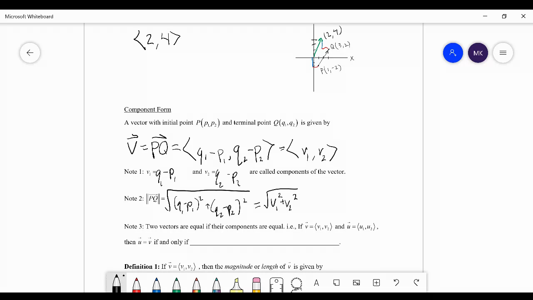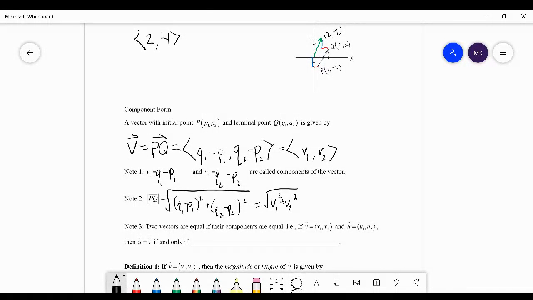And so when we're given a vector in this kind of convenient form, where its initial point is the origin, to find its magnitude, we simply take the square root of the sum of the squares of its components.